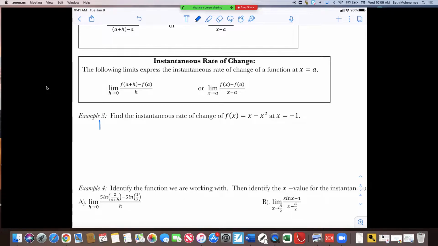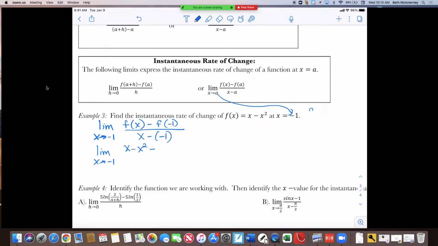So I'm going to do the limit as x approaches -1 of f of x minus f of -1 over x minus -1. Now a is this x value, okay? You're going to write the limit notation until you actually compute the limit. So f of x is x minus x squared.